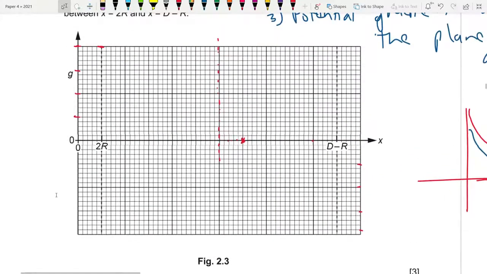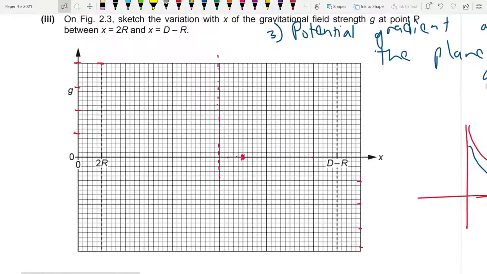Now, what about the field strength? It will be higher for the moon, since the gradient was steeper. 1 box, 2 boxes, 3 boxes, 4 boxes. And what about this? 1, 2, 3, 4. So why don't we use 3 over here and 4 over there? That's going to be fine, right? So I'm going to go with 3 over here and 4 over here. Okay.